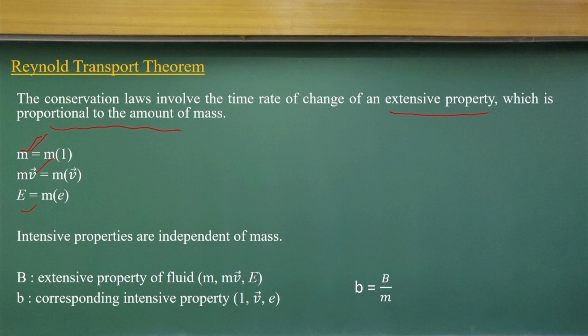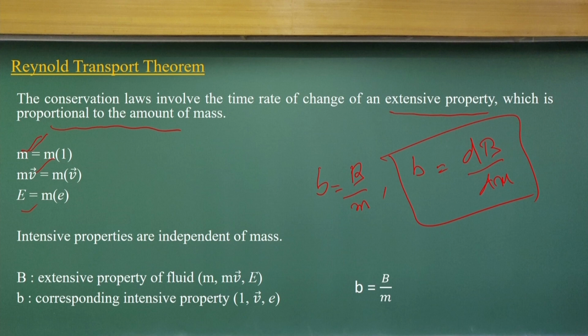But intensive properties are independent of mass. They are denoted by a small b, which is capital B divided by m, or mathematically dB by dm, that is, per unit mass.